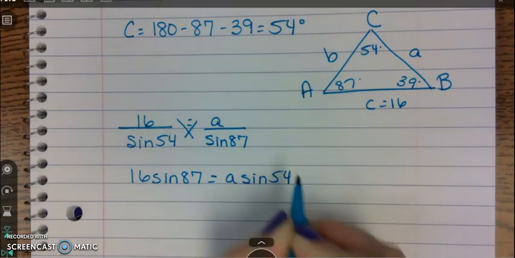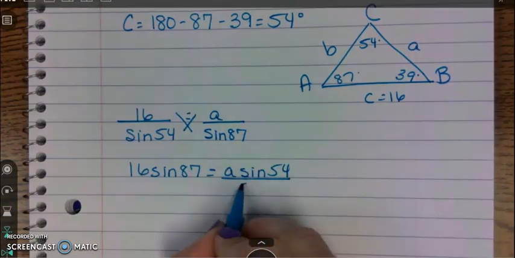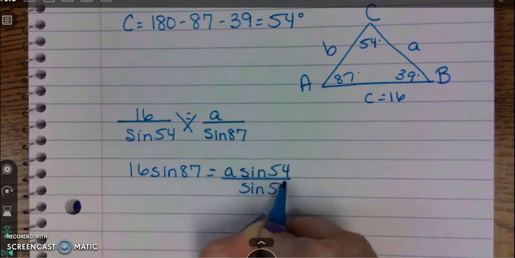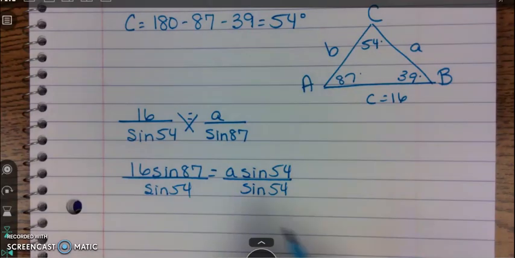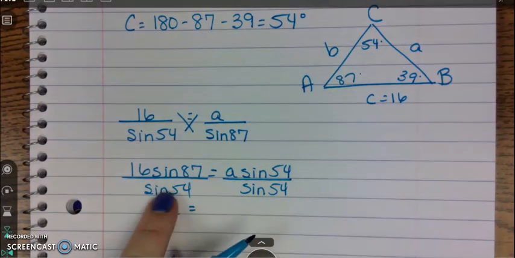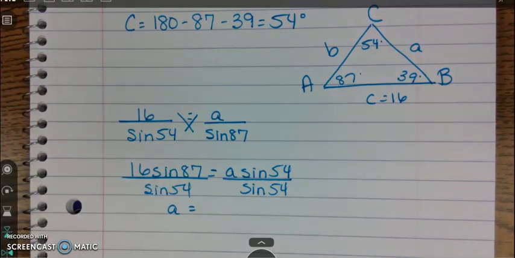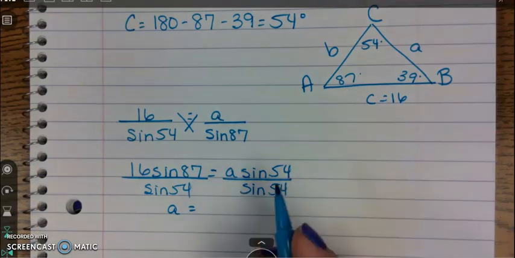We're going to solve for little a, so we're going to divide by sine of 54. So little a equals. Remember, put this in two steps. So 16 sine of 87, enter, divided by sine of 54, enter. And I got 19.8.